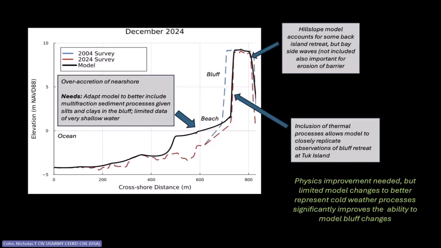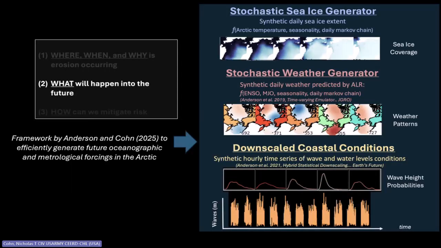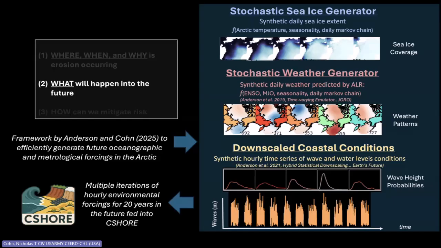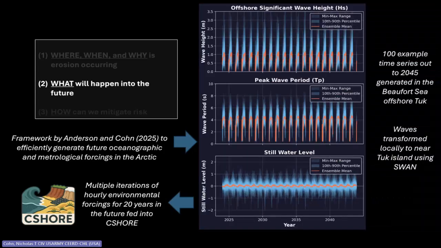Next, since we have some confidence that Seashore is doing okay in hindcasting the past, with a lot more validation needed, we can take the same approach that we did before with Point Hope, but now project out into the future what that response might look like. We're going to do this with a 20-year time horizon with Seashore, using emulated oceanographic conditions from Dylan Anderson's framework.